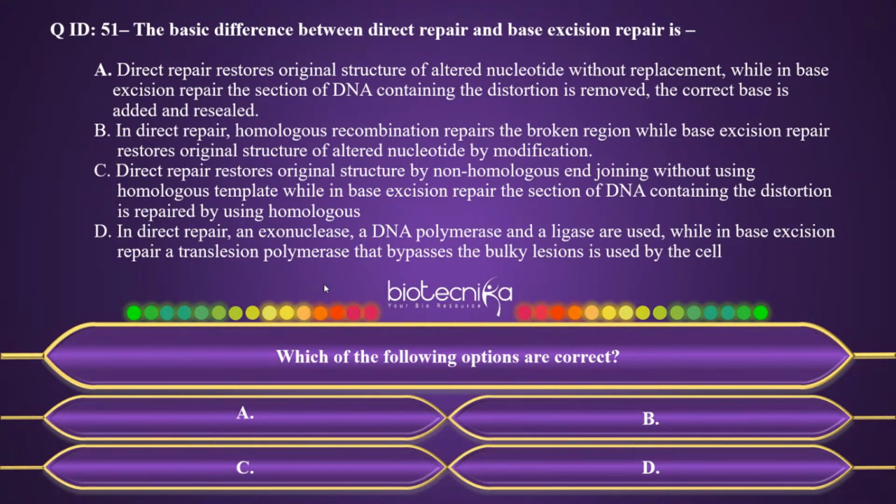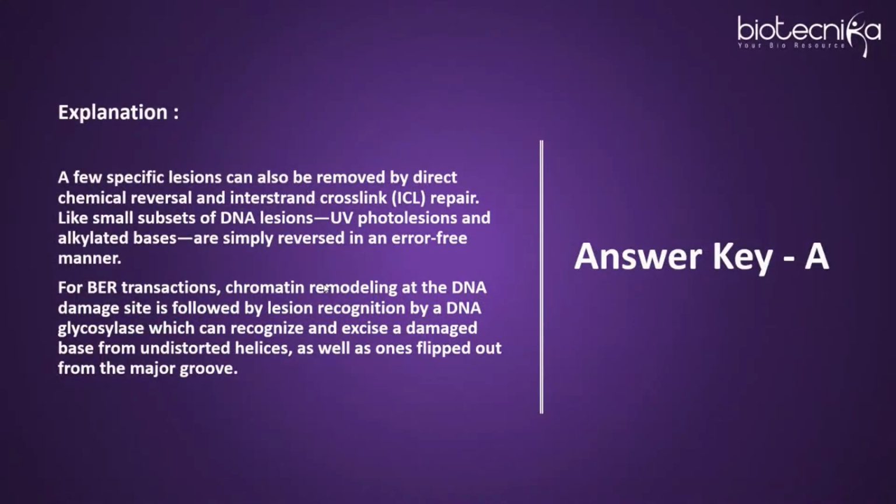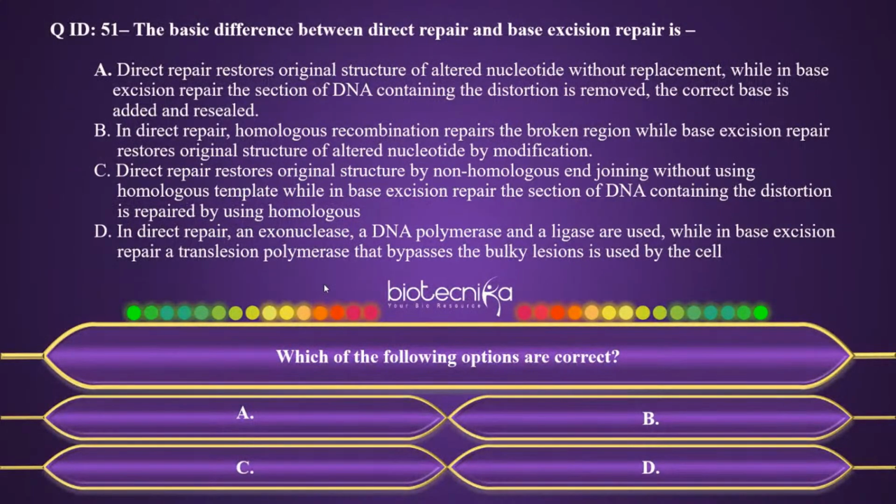The basic example of direct repair is the thymine dimer, those kinds of mutations which take place when UV photo lesions occur. At that point, direct repair is involved in repairing the damaged DNA. So it is not linked to homologous recombination. This particular option would be incorrect.